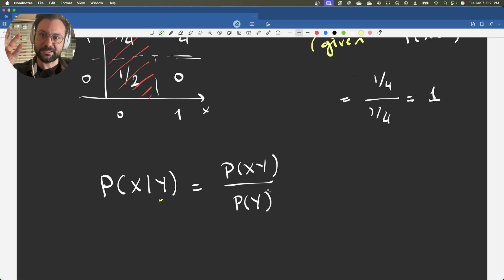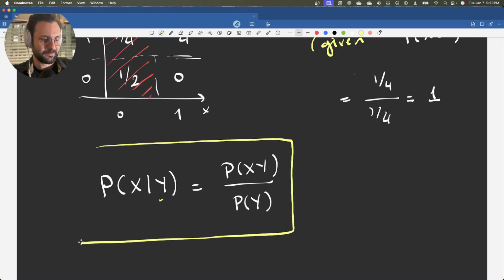My space is now shrunk into the position that y is given. So this is the definition of conditional probability.